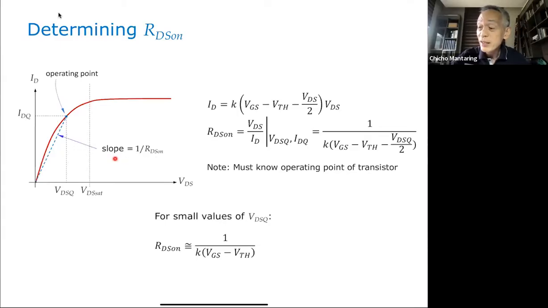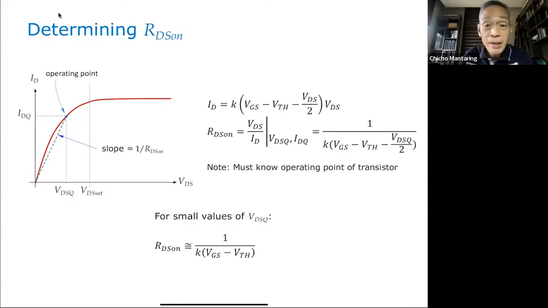Because resistance is actually just, let's say we're operating at this point, what is your resistance? Your resistance is VDSQ over IDQ, where Q is your Q point or your operating point. Or your resistance is actually just the inverse of the slope of this line. And depending on where we're operating, the slope of this line changes. That's why your resistance changes.